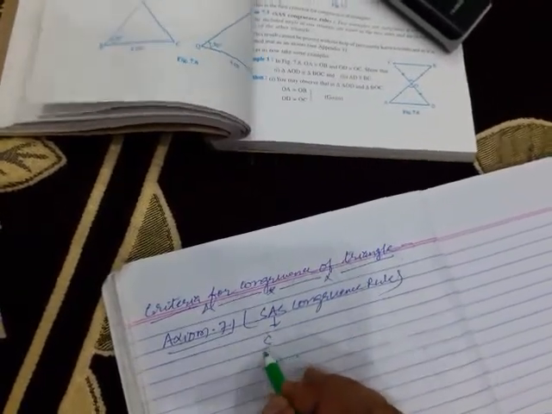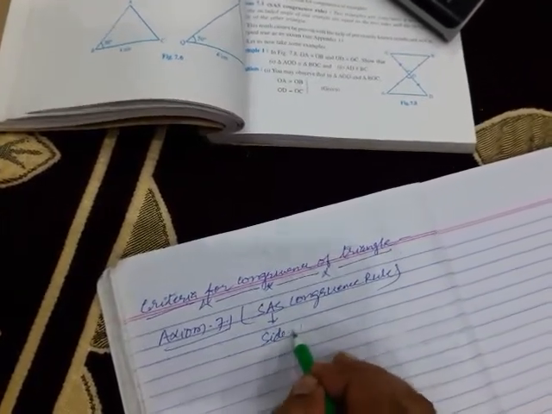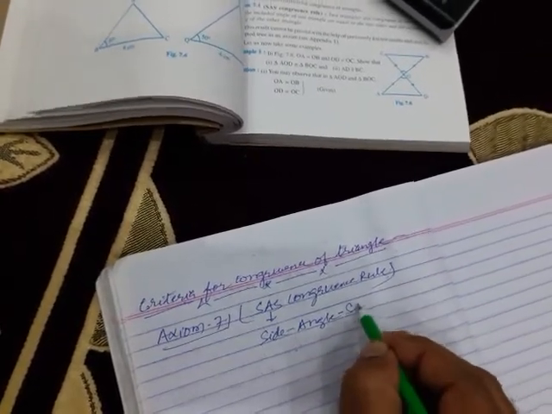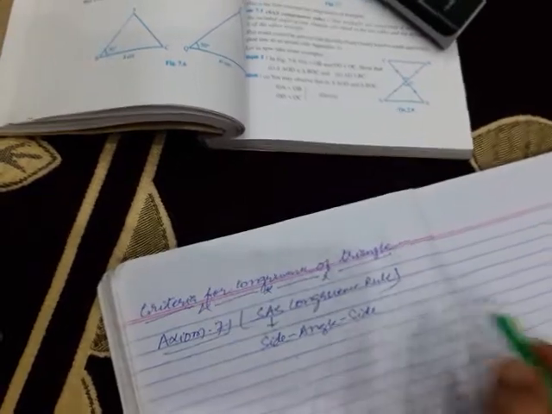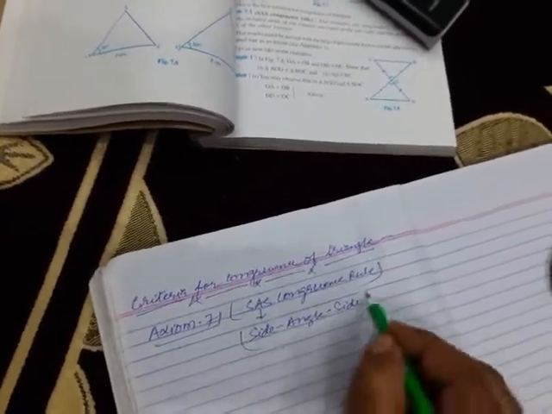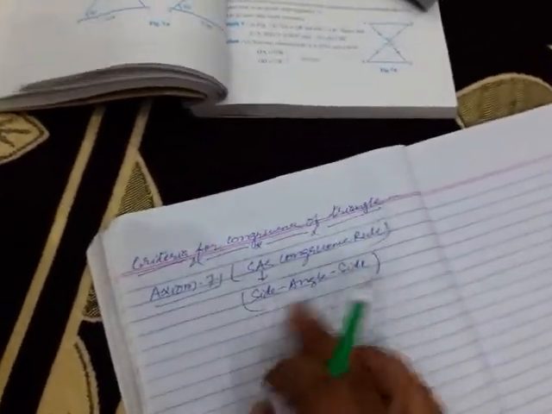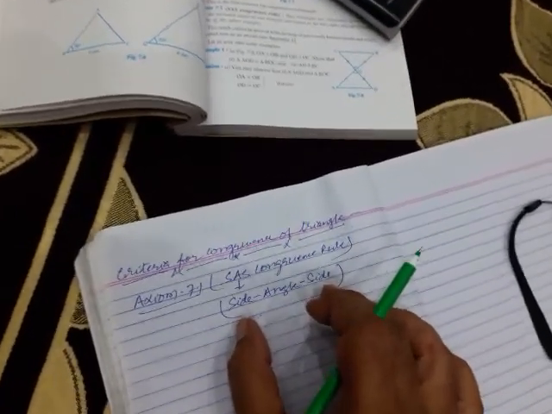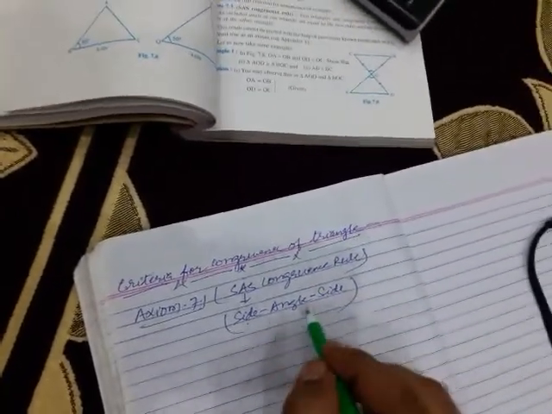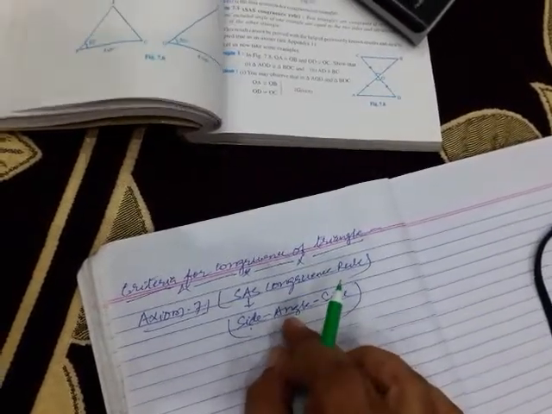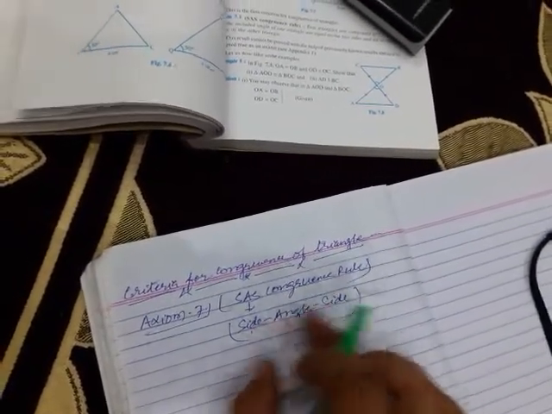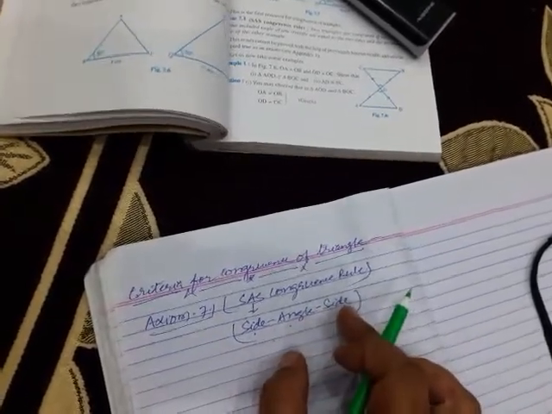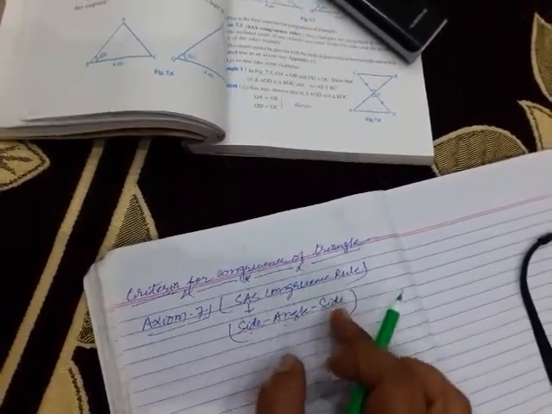S stands for side, A for angle, S for side. SAS stands for side, angle, side. Here order is very important. The angle is included between two sides, that is side, angle, side.